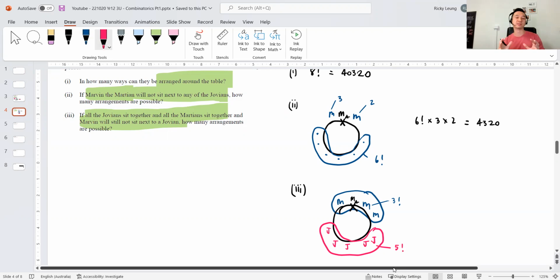Now, if you just did it like that, you're missing something, because if you think about the arrangement, the way you sort of see it is, if Marvin was in a group and there were 4 Martians all up, then it's a bit asymmetrical in that there's one Martian on this side and 2 Martians on this side. But the different arrangement might be where there's 2 Martians on the left and 1 Martian on the right. So you have to allow for that, right?